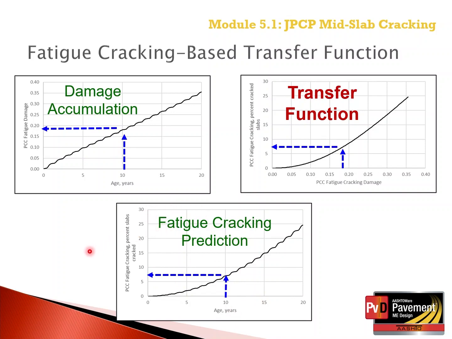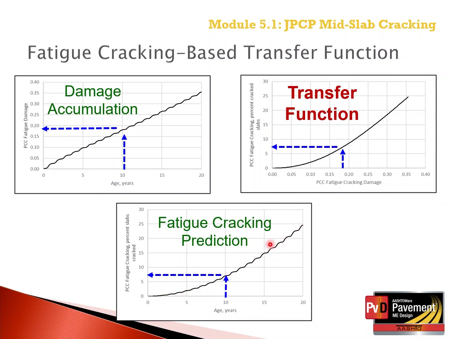So basically the transfer function simply transfers the fatigue damage to a percent cracking value over the age or design life of the project or design strategy. And so we see that we have so many percent cracked slabs as a function of age.